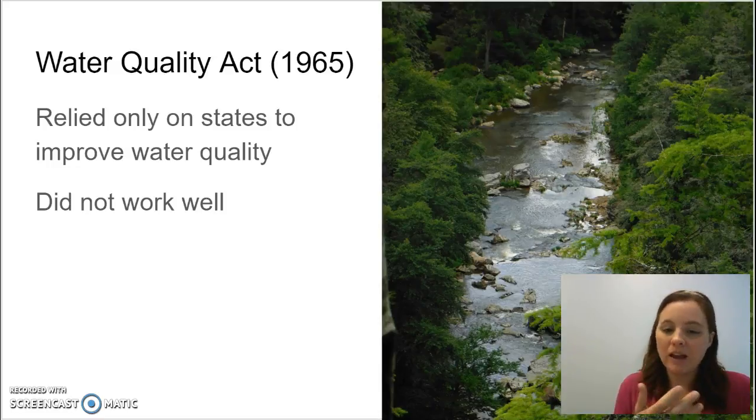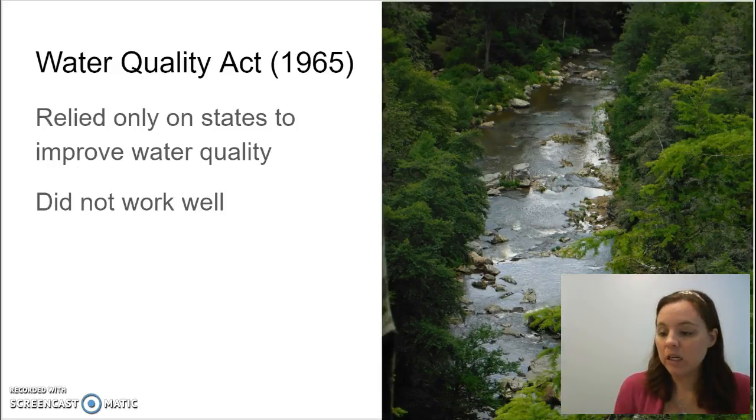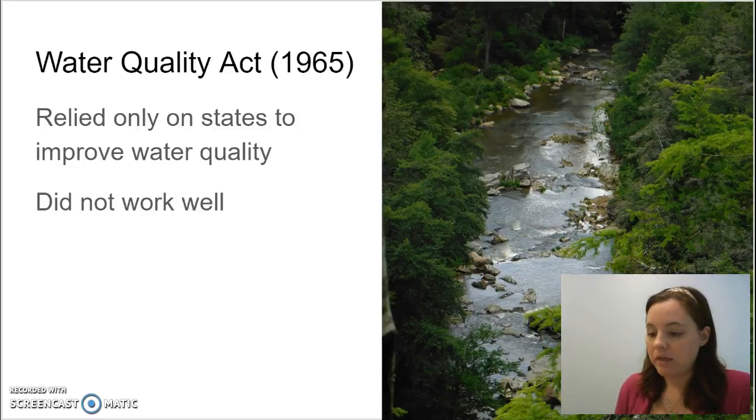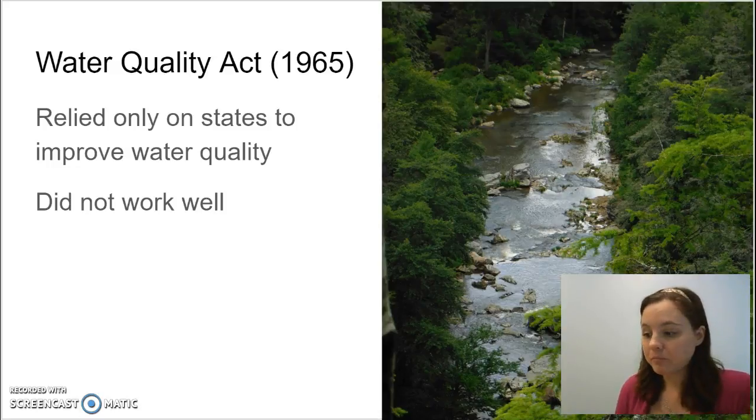However, the states didn't have a lot of political willpower or follow-through to implement the standards that they set, and they didn't have the science or the technology they needed to implement and monitor these standards. So it didn't work well, and by 1970, half of the states had not even set any standards, or if they had set standards, they didn't try to implement them.